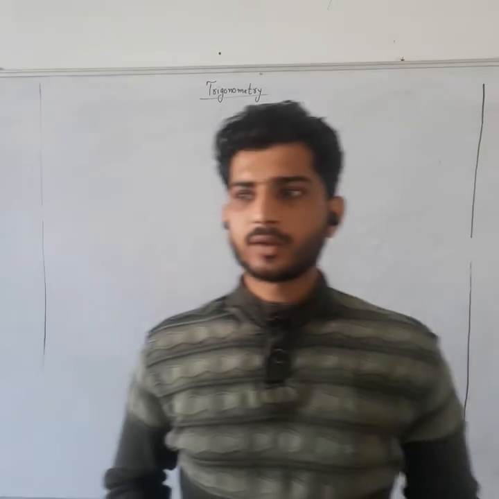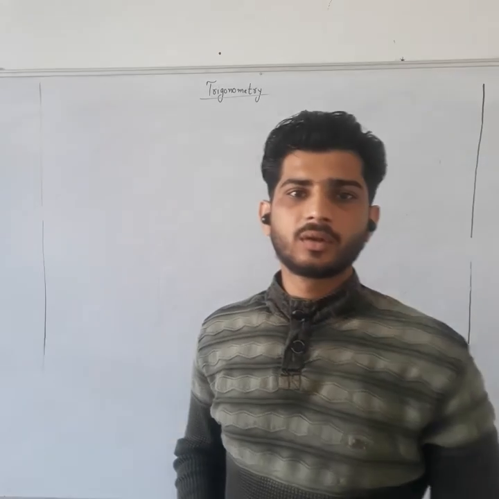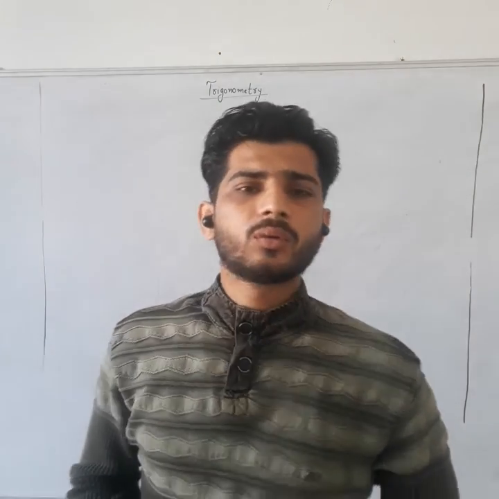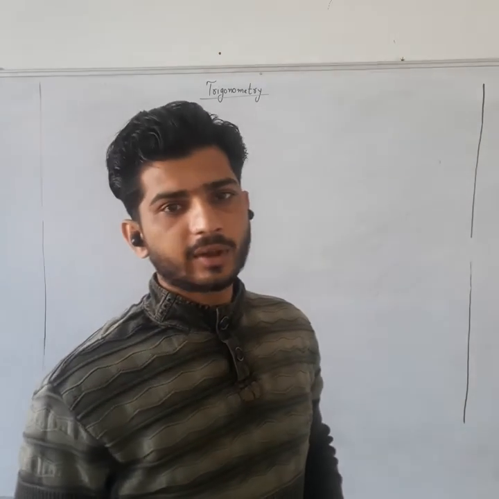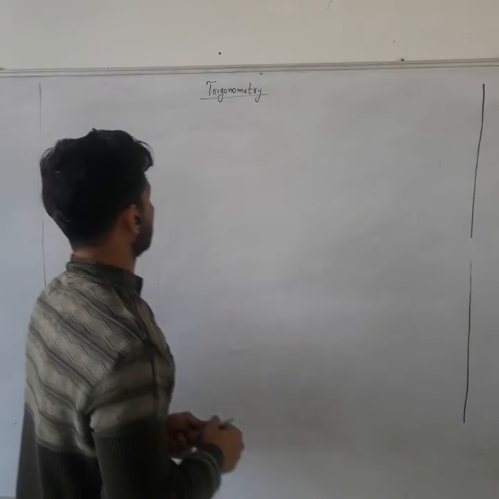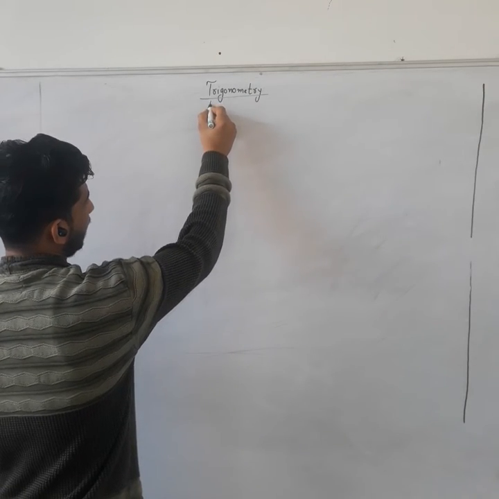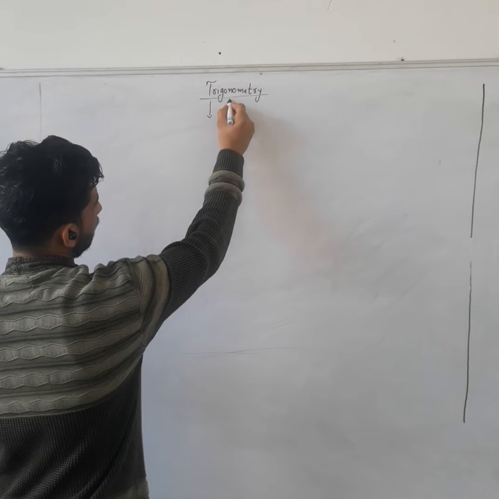Here we are discussing an important topic of mathematics, that is trigonometry. So, what is trigonometry? Actually, trigonometry is basically combined from two words. The first one is tri, and the second one is gonal.